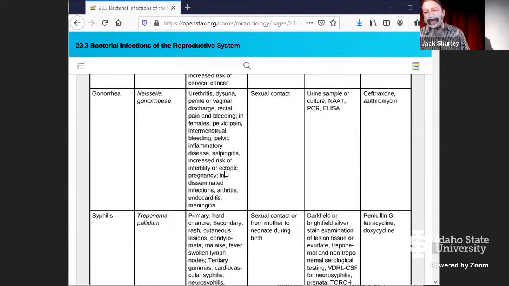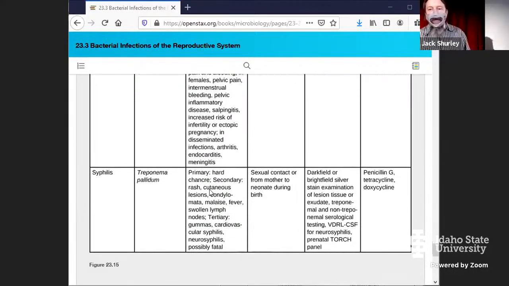Salpingitis, increased risk of infertility as the bacteria can progress up, maybe into the fallopian tubes, causing some serious inflammation. Blockages possibly lending to ectopic pregnancy, where the egg isn't able to make its way down the fallopian tube or through the fallopian tube into the uterus, and so it tries to start growing within the tube. So there's possibility for disseminated infections, other issues for sure, as it progresses untreated.